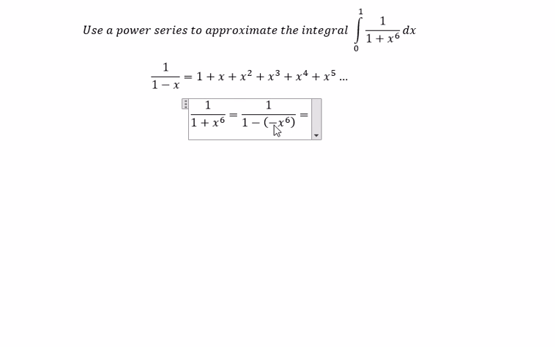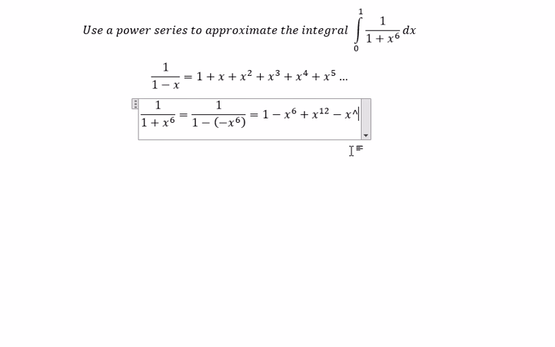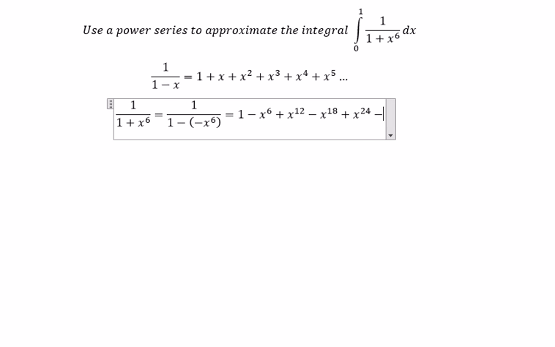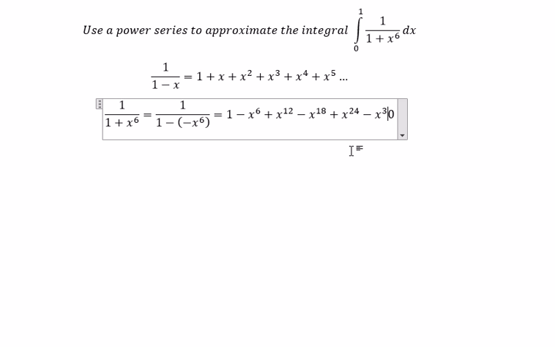So we just substitute for s here, and we get 1 minus x to the power of 6, plus x to the power of 12, minus x to the power of 18. I just choose 6 terms here to do the approximation.